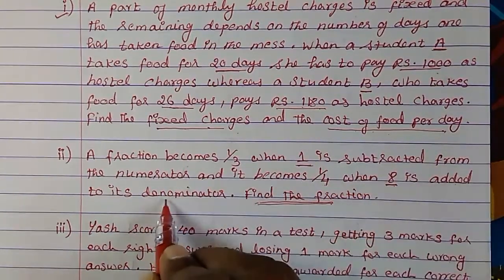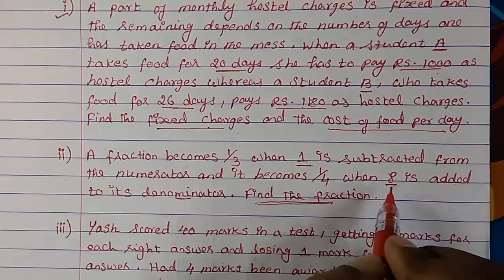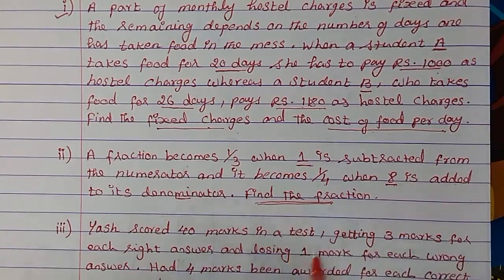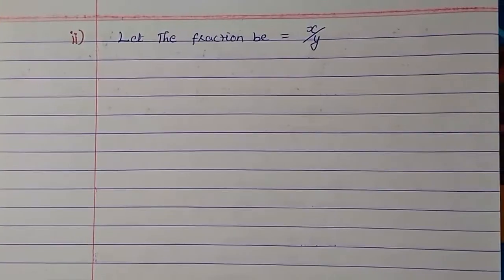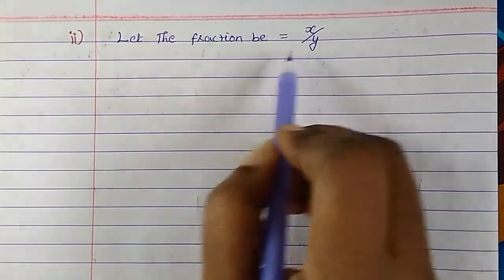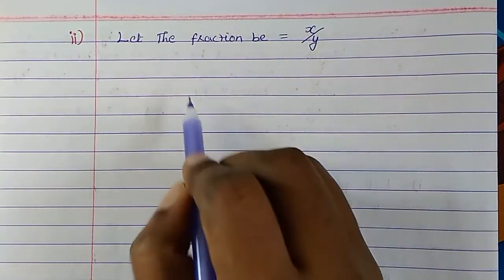So in the denominator, when you add 8, that becomes equal to 1 upon 4. We have to make these equations now.